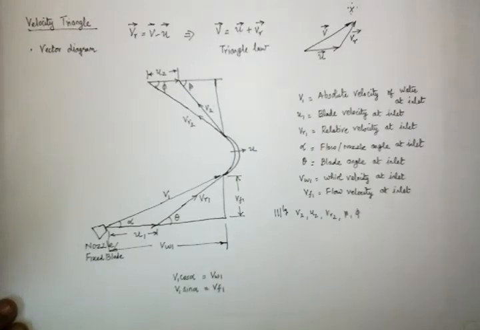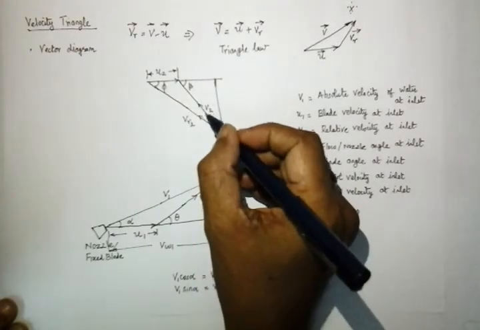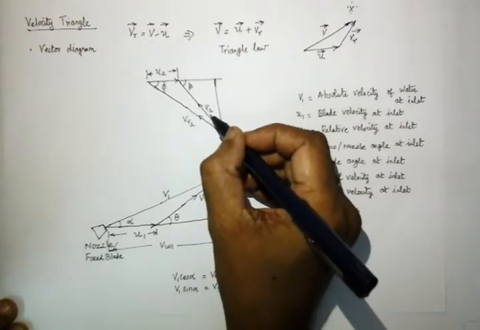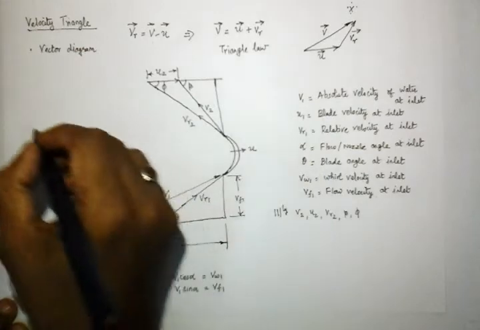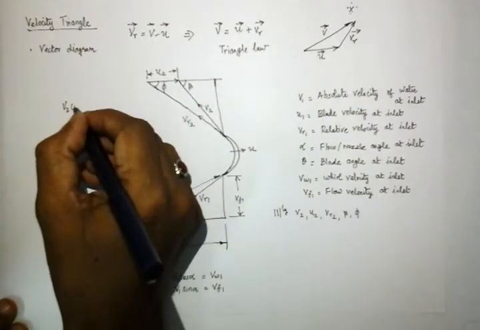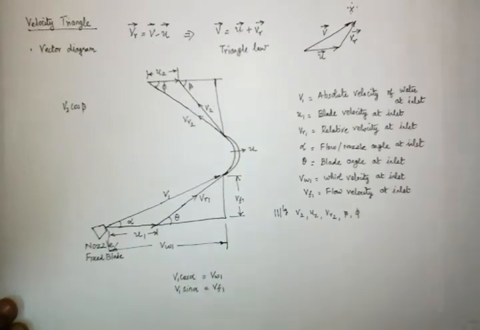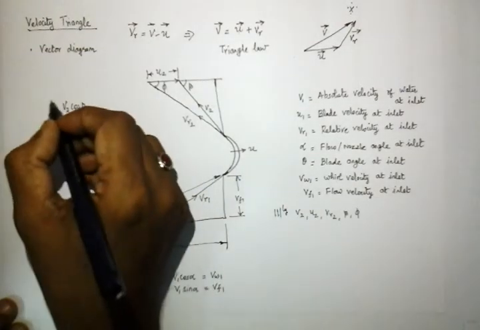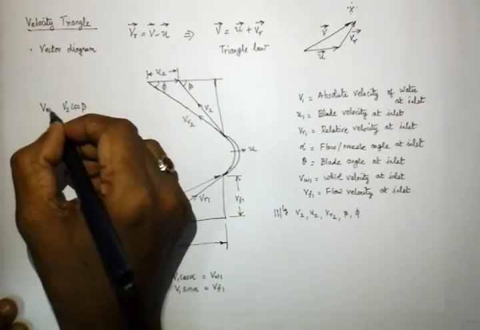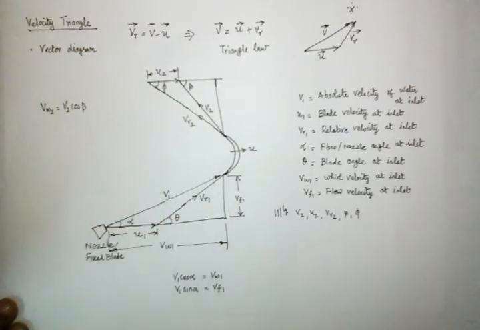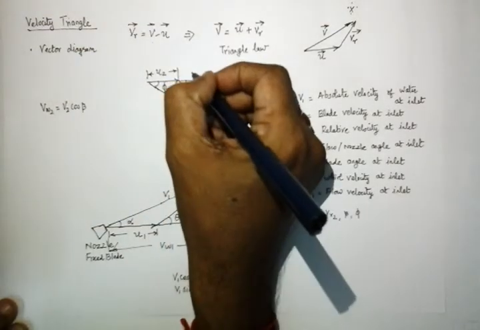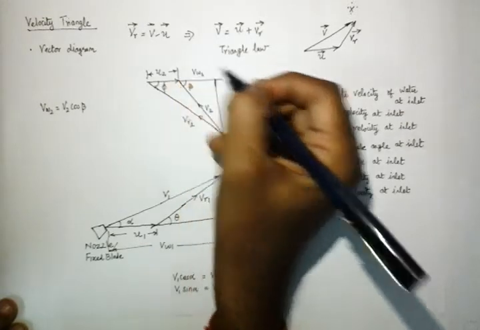Now coming to the components. Here also the absolute velocity of the fluid will have components. One is VW2 = V2 cos beta. It will be in the direction of the blade. So it is the whirl component at outlet, VW2.